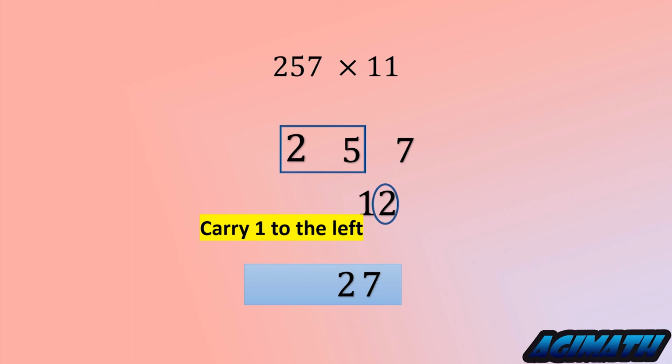So 2 plus 5 is 7, plus 1, that is equal to 8. That's how we do it if the sum of the pair is more than 10. We carry the 1 to the left. And then, since we cannot form another pair, we write down 2. So 257 times 11 is equal to 2,827.